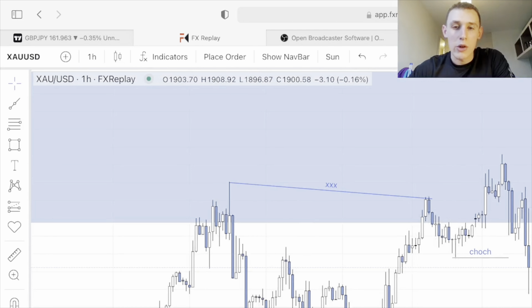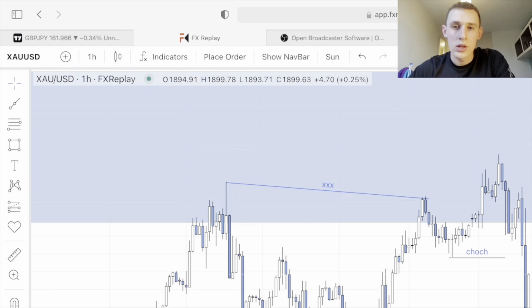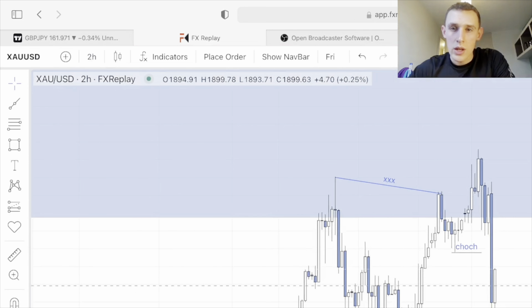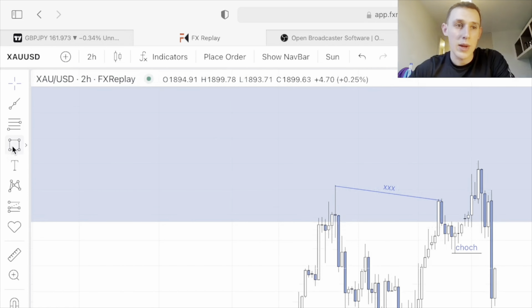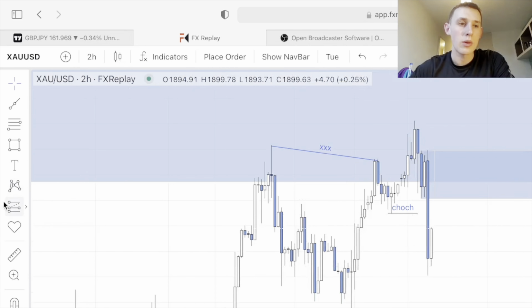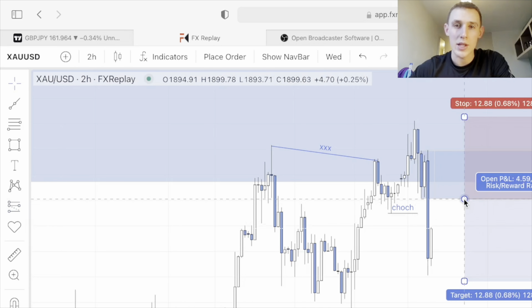So I'm going to play price a little bit first. See on the 2 hour. Alright, so the 2 hour looks pretty clean. So we have this sort of level. Very clean level of supply, which created imbalance and broke structure. So right now we're just gonna set a limit and see what happens.